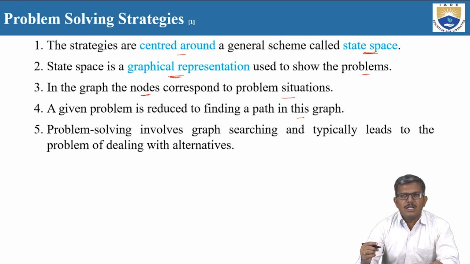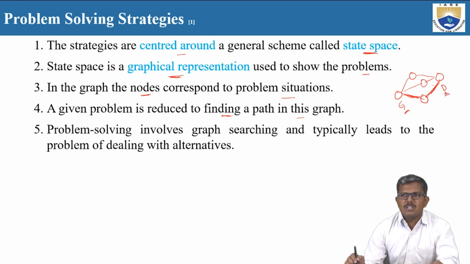The problem is reduced in the sense of trying to identify the solution for the given problem, and we do that by identifying a path. For example, this is the given state and this is the goal, the desired state. In between there are some particular paths. If we can identify a particular path, we get a solution, the shortest path or the path to move from the given state to the desired state.